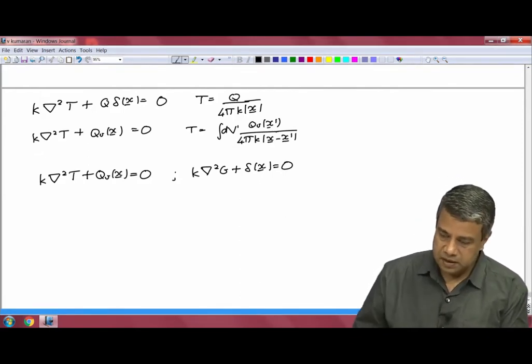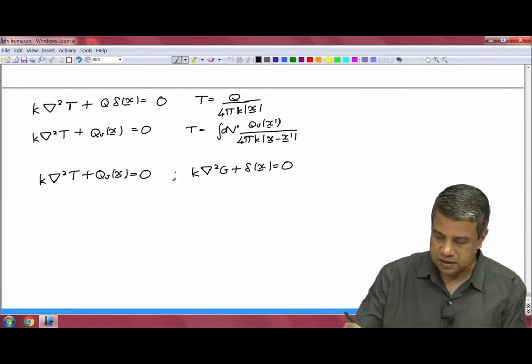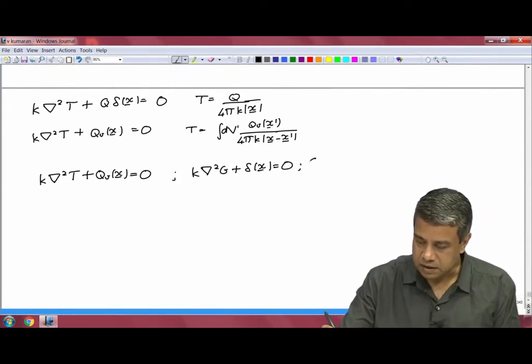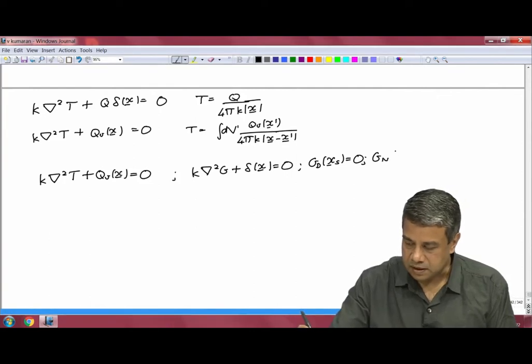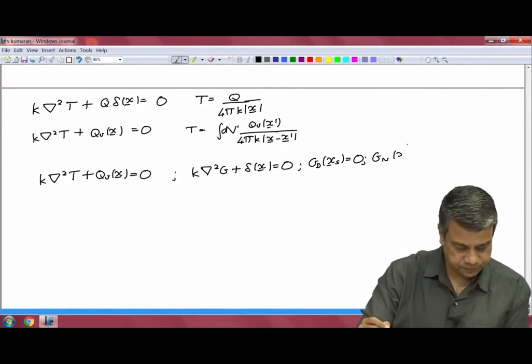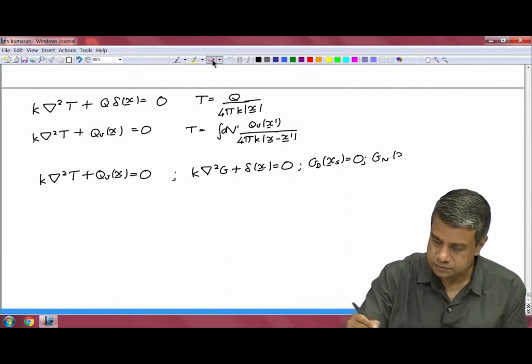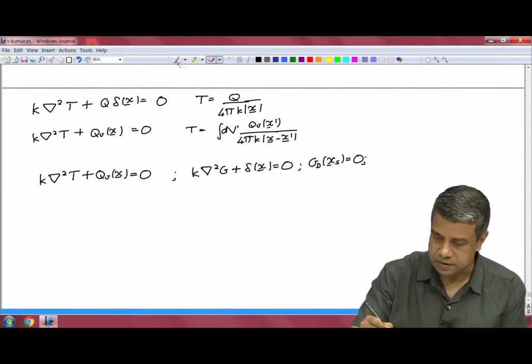So, the two kinds of conditions are the Dirichlet condition, Gd at the surface xs is equal to 0, or Gn, the flux is equal to 0.